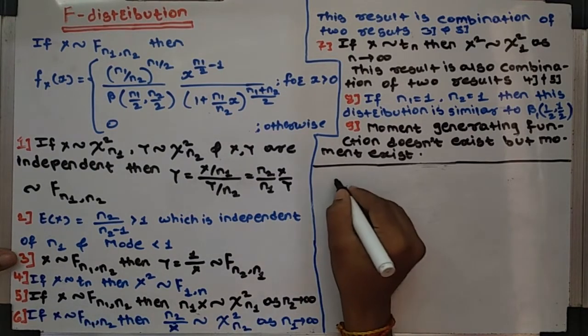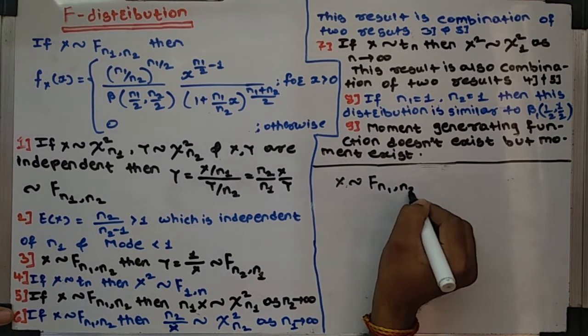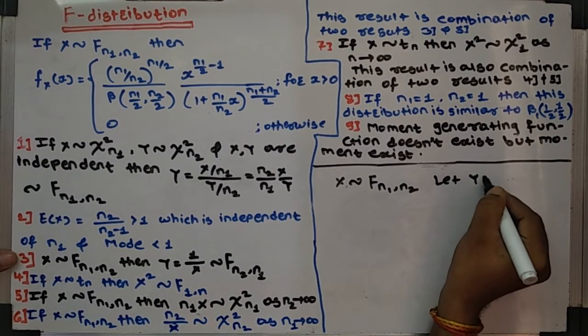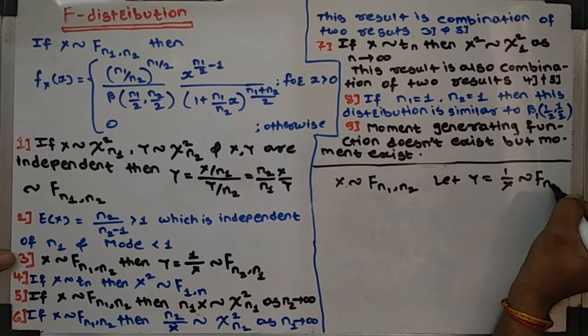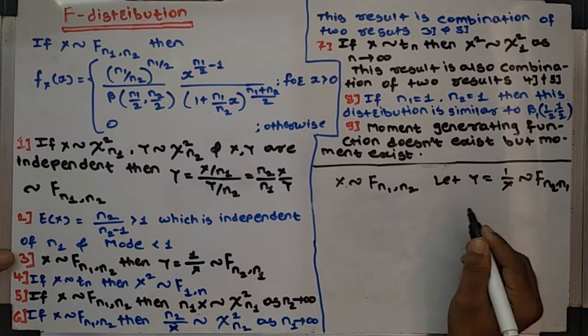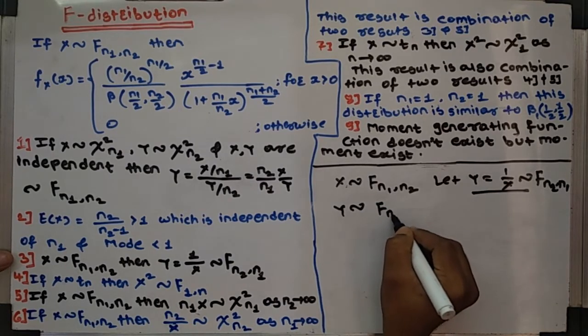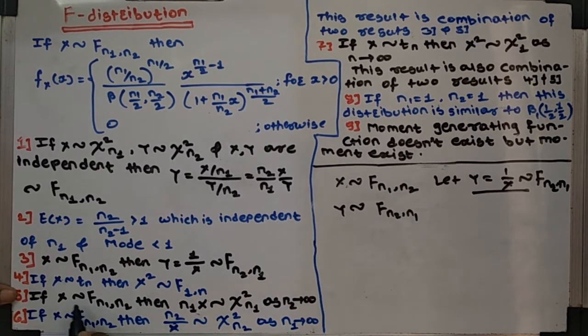Given the result 6, X follows F with n1, n2. Then from result 3, let Y equal to 1 upon X, which follows F with n2, n1. So from result number 5, here Y is the random variable, Y follows F with n2, n1. Here the parameters are interchanged.